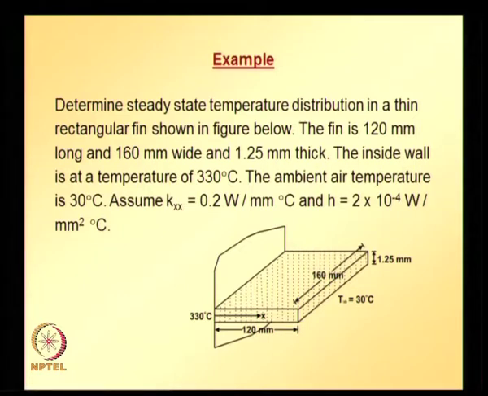The inside wall is at a temperature of 330 degrees centigrade. The ambient air temperature is 30 degrees centigrade, and other quantities like thermal conductivity and convection coefficient are given.